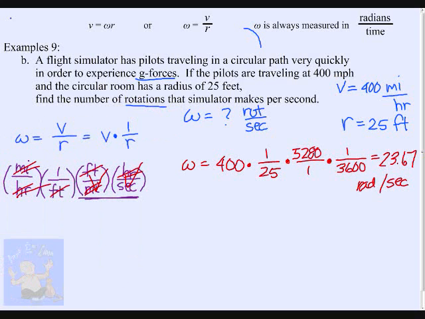What was the question asking for? Rotations. How do I go from radians to revolutions or rotations? I'm going to put radians in the denominator and revolutions or rotations in the numerator.